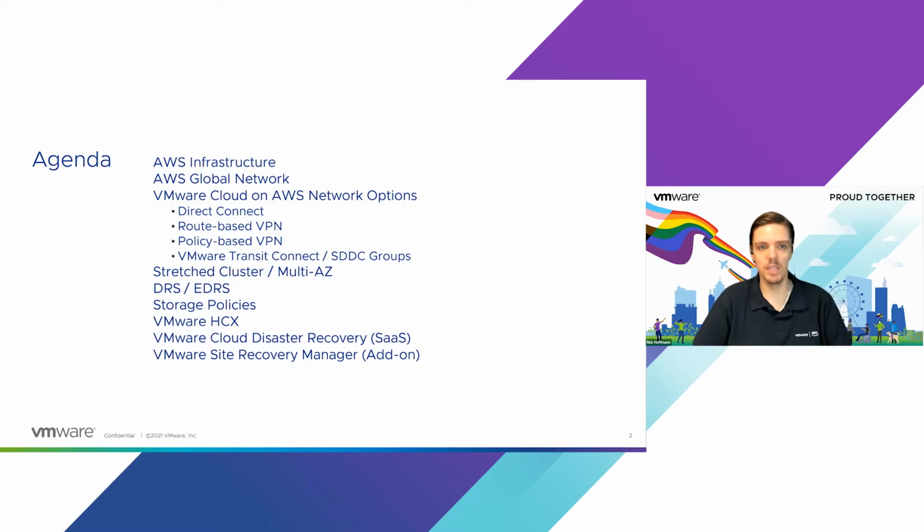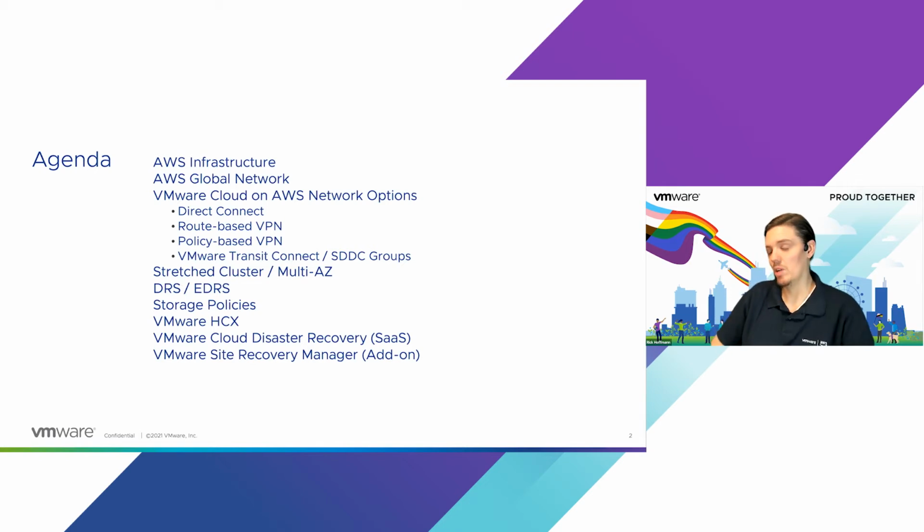To let you know what we're going to talk about today: the AWS infrastructure, including the AWS global network, and the networking options we have with VMware Cloud and AWS. We're going to talk about something very new, which is the opportunity to interconnect your transit gateway intra-region with your SDDC. We're talking about stretched clusters.